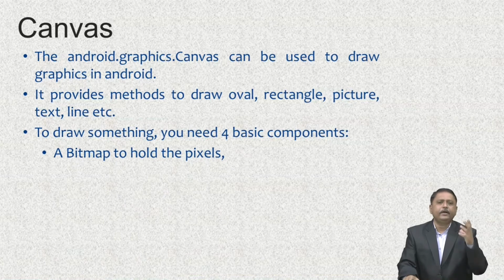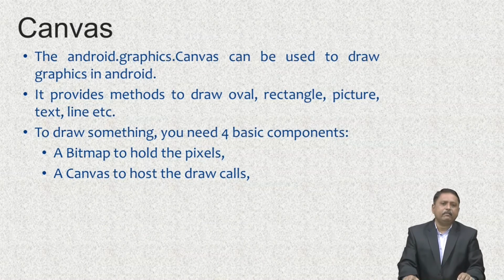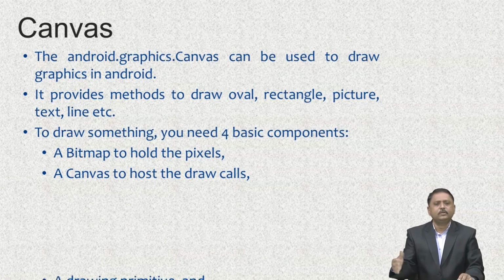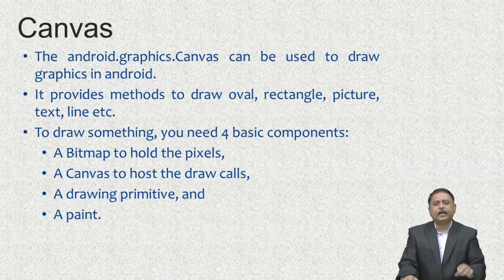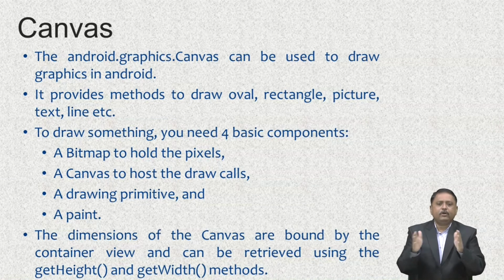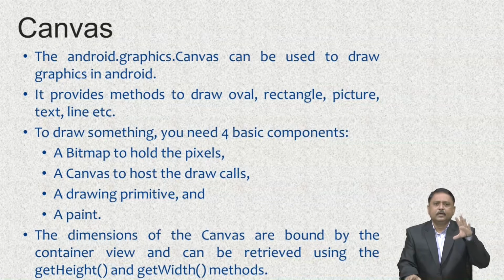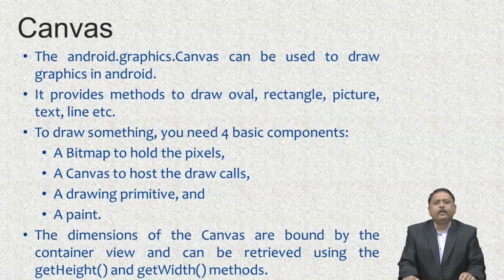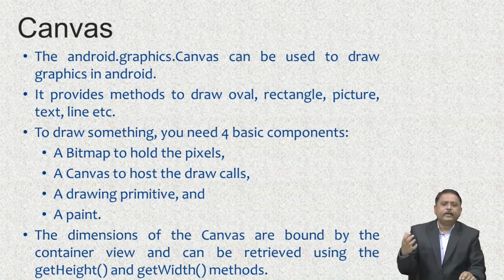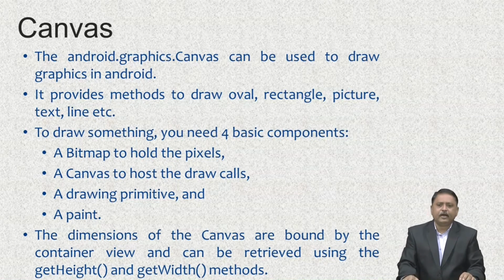First, a bitmap to hold the pixels. Second, a Canvas to host the draw calls, drawing primitives, and a Paint class object. The dimensions of the canvas are bound by the container view, that means the view in which we place this canvas object, and you can retrieve the width and height of the canvas using the getHeight and getWidth methods.